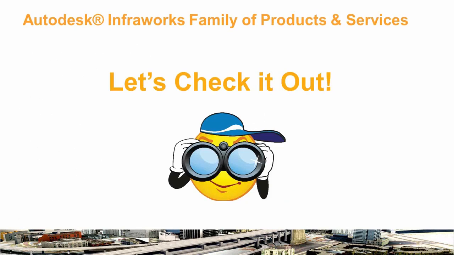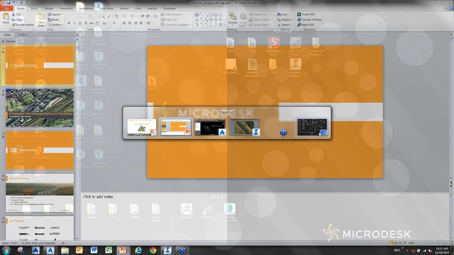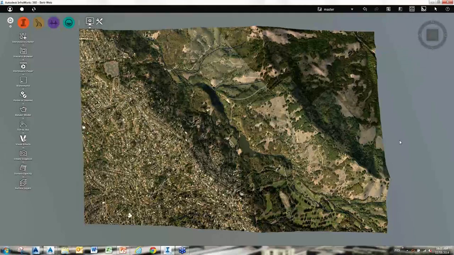So now let's take a look at working with InfraWorks 360. To cut down on time a little bit, I did pre-process the elevational data and the aerial imagery that I received from the USGS website.